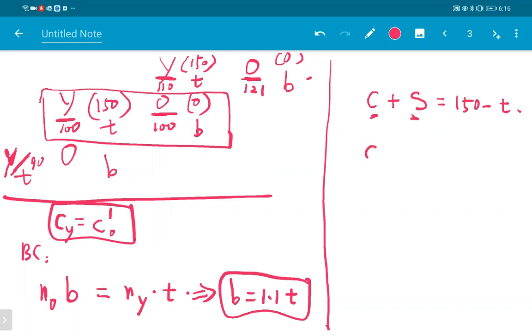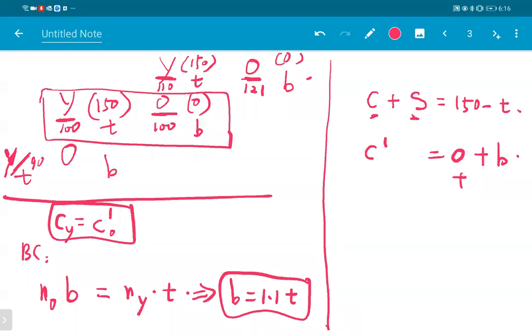When I'm old, let's call consumption C prime. I have no saving, because I'm going to die next year, so there's no point to save. I have 0 income, but I receive benefit B. What else do I have?